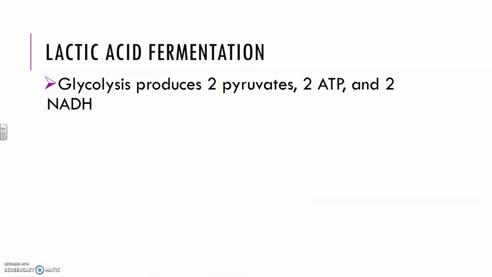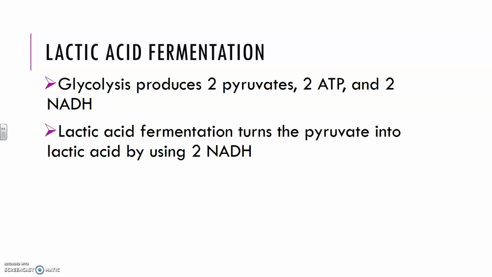In lactic acid fermentation, glycolysis will produce 2 pyruvates, 2 ATP, and 2 NADHs. Lactic acid fermentation will turn the pyruvate into lactic acid by using the 2 NADHs. So at this point, you've created lactic acid from pyruvate, you've produced 2 ATP, which the cell can use, and you've also produced the 2 NADHs.